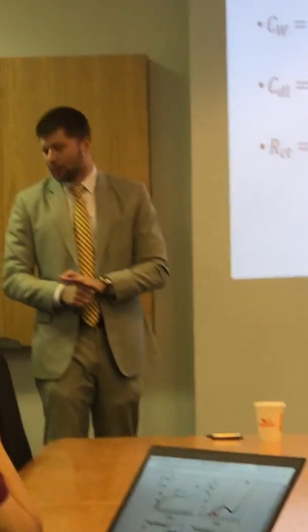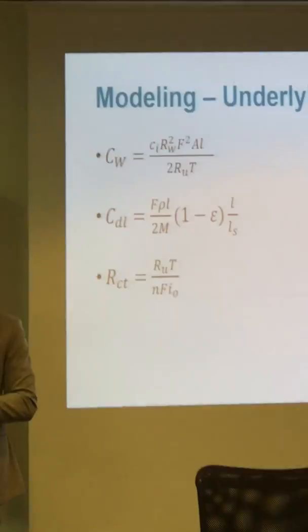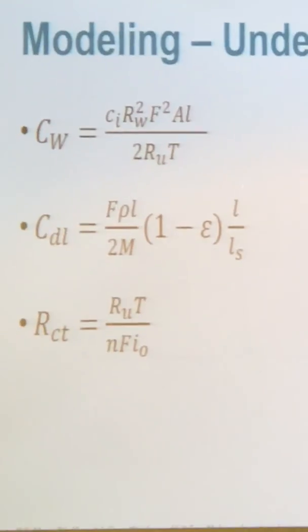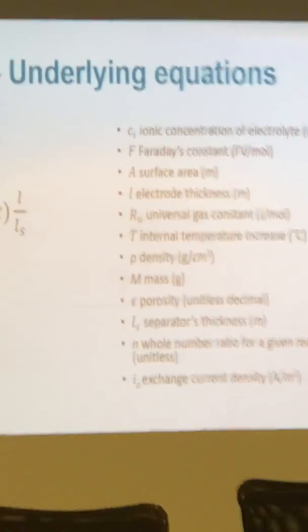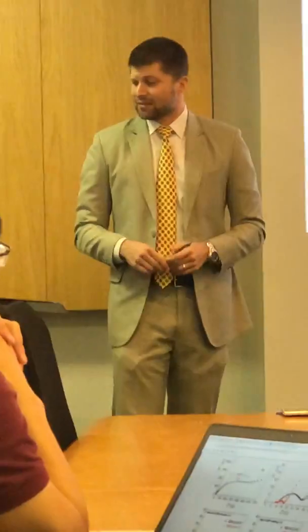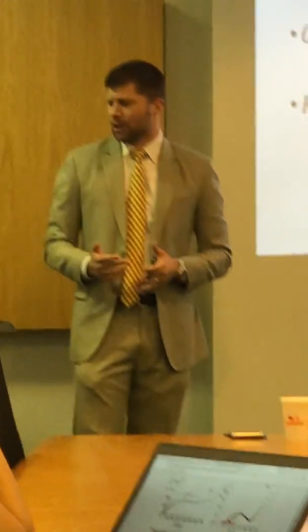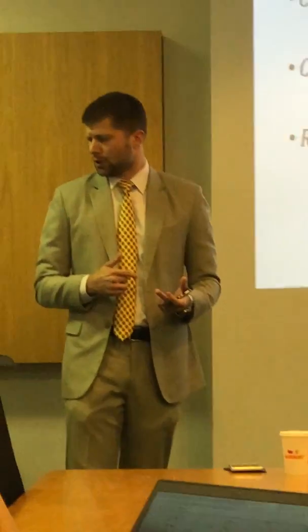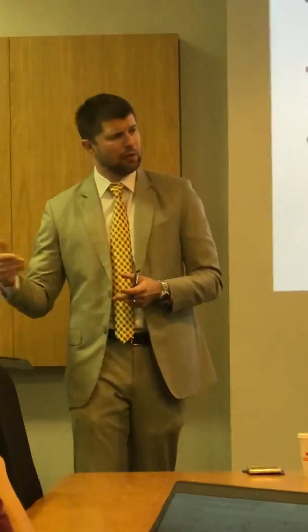Specifically, I'm going over the most important ones. My Warburg capacitance is a function of the ionic concentration of the electrolyte, my Warburg resistance, the area and thickness of my electrodes divided by the ambient temperature. And then my double layer capacitance does not depend on temperature, but is a function of the density, thickness, and mass of the electrode and the electrode's porosity, and then my separator's thickness.